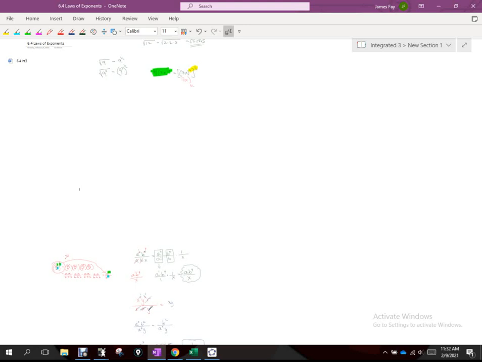So if I've got A's in the top in my answer, there should be no A's in the bottom. If I have 3's in the top in my answer, there should be no 3's in the bottom, and vice versa. If I've got X's in the bottom, there should be no X's in the top when I'm working with fraction work, because that tells me there could still be cancellation occurring if I've got the same variable on the top and the bottom. Does this kind of make sense?